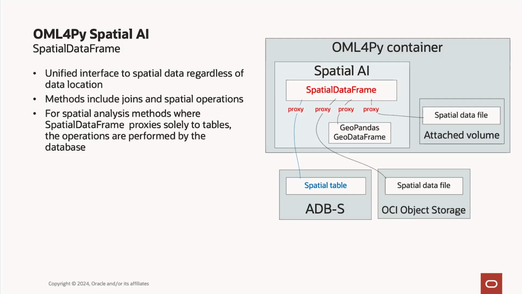In the world of spatial AI, we do that, but because of the nature of spatial data and some of the requirements around how that data is provided and handled, we have what's depicted here on the right, our spatial data frame.